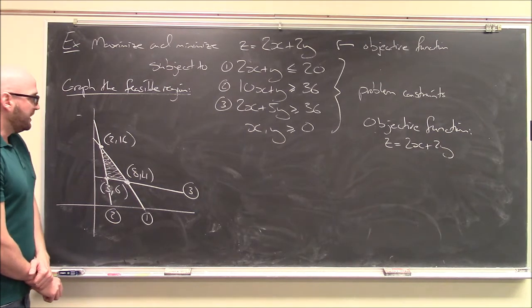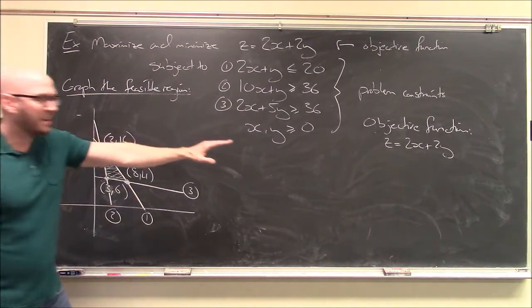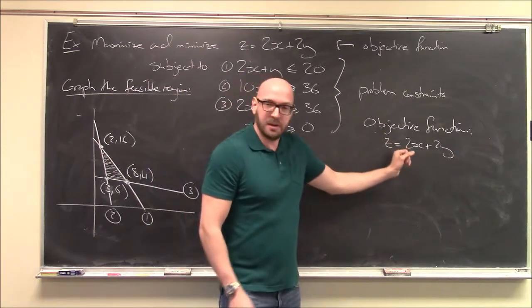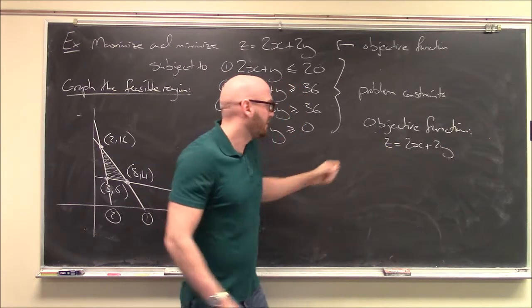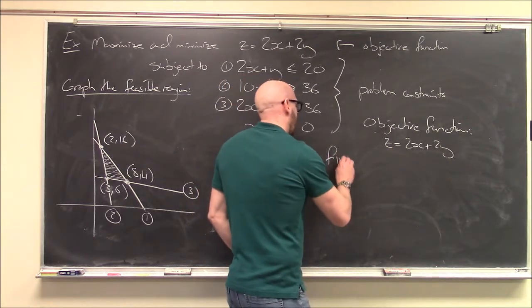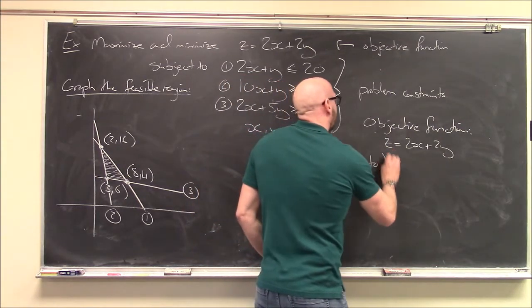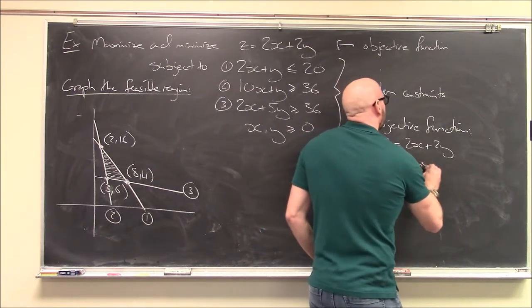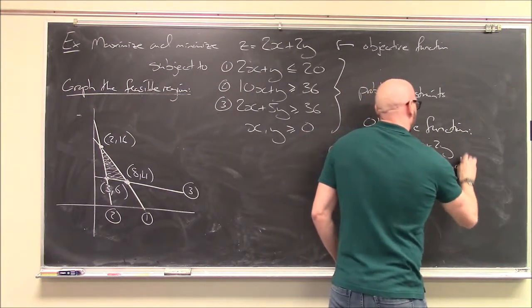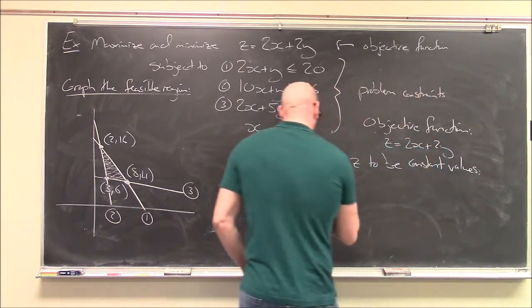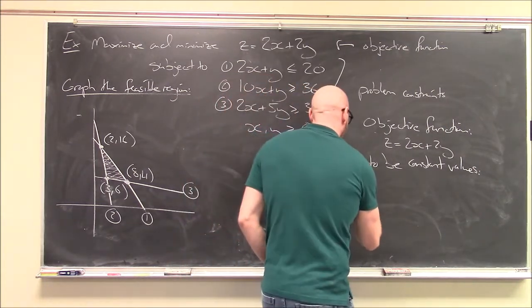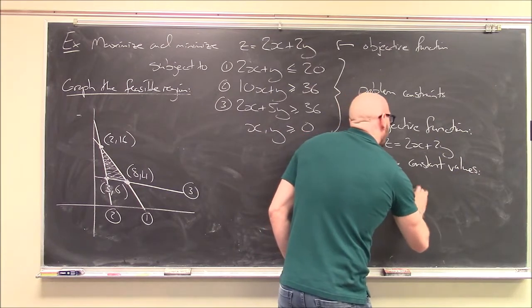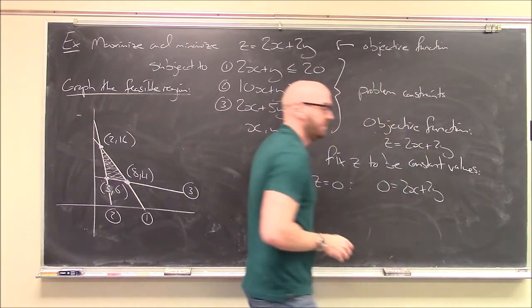So how are we going to proceed? Well, let's fix z to be constant values. So let's fix maybe z equals 0. What do you get? You get 0 equals 2x plus 2y.